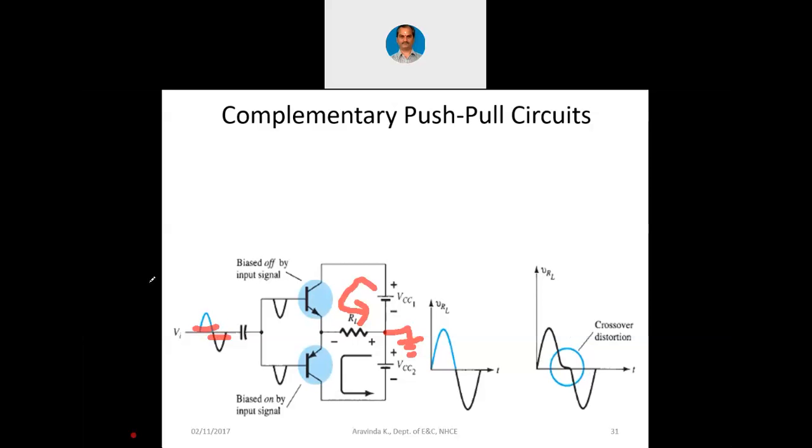We are going to have higher efficiency. In that case, even if the crossover distortion is there, it does not matter for us, because we are not using it for a regular speech amplifier. That is the idea here. There are methods to overcome the crossover distortion also, that I will show you later on, maybe in the next class, not today.